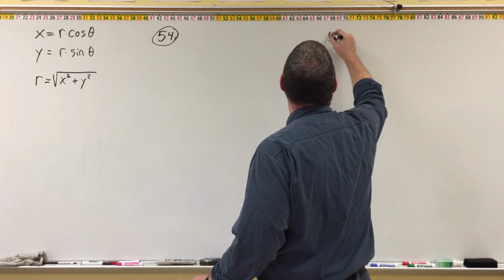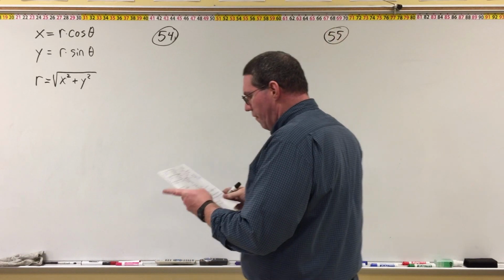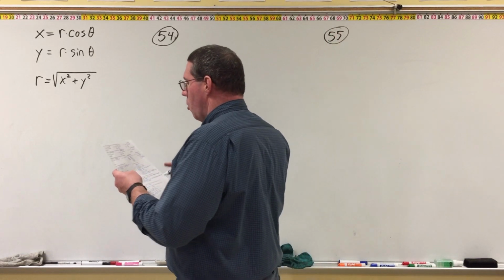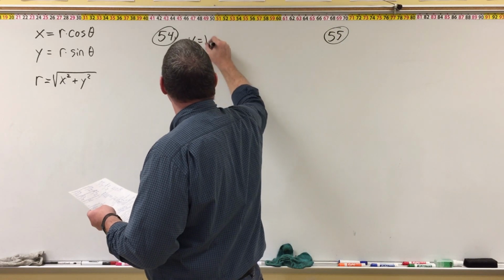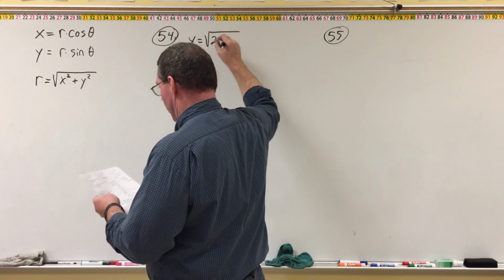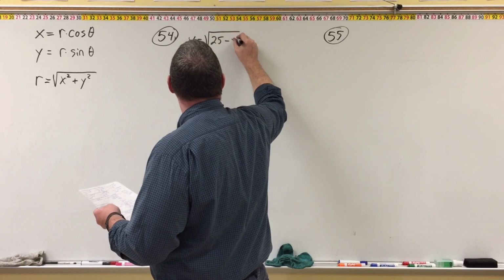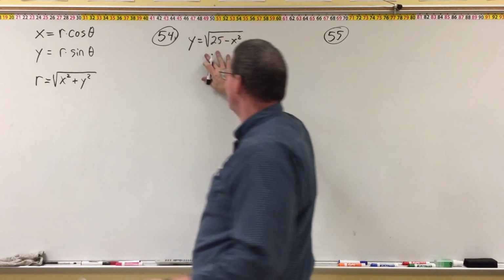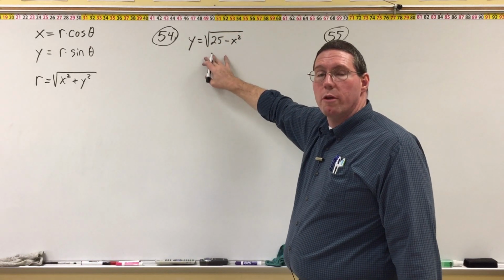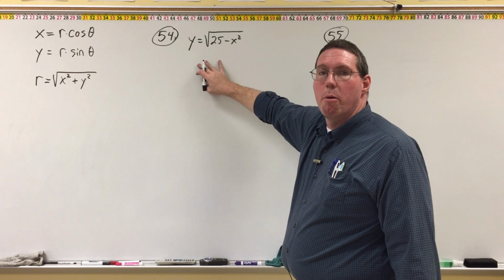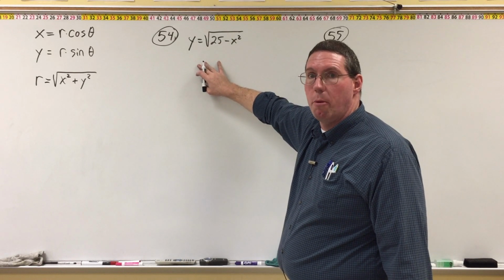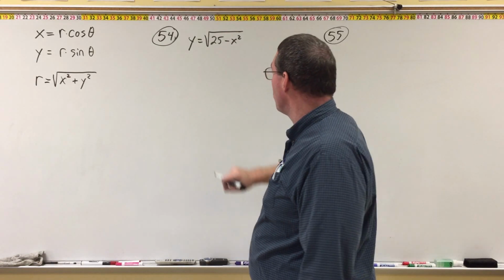Let's put 55 over here. Okay, so 54 is y is equal to the square root of 25, is that right, minus x squared. All right, so this is a function in rectangular form. We want to turn this function into a polar function, well, not function, a polar relation, in polar form.